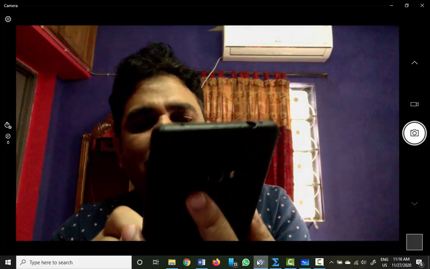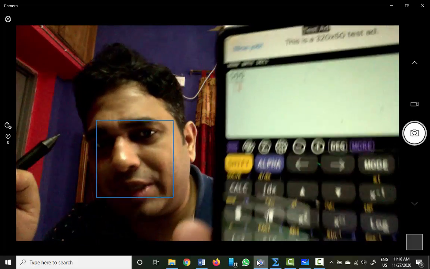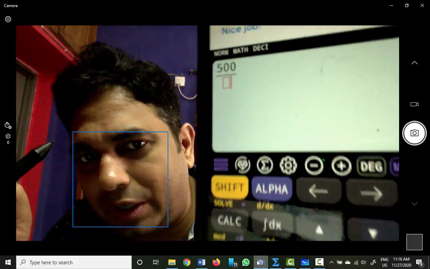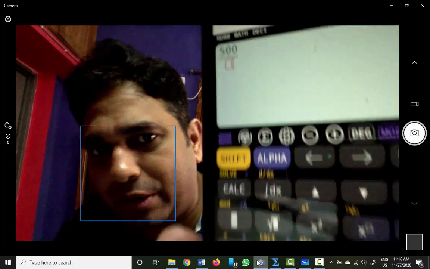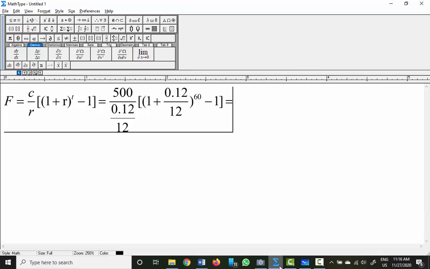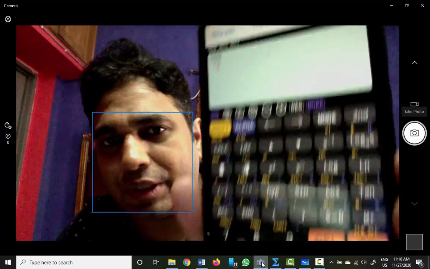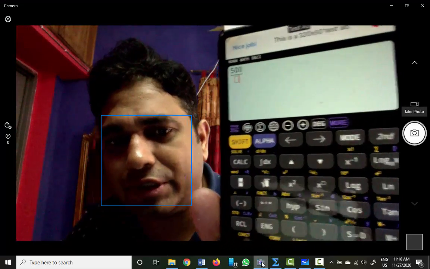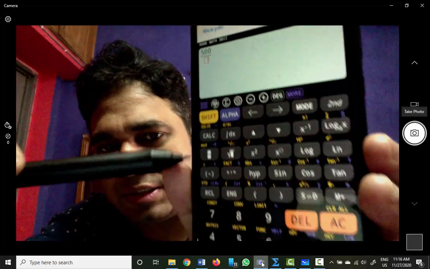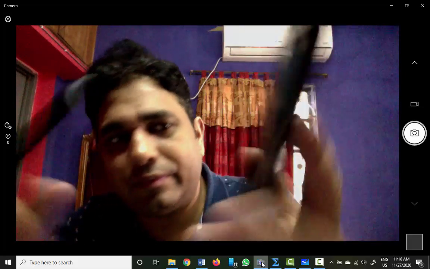Now the cursor is in the lower part of the fraction, but in the lower part I need to get another fraction. So I will press this fraction button again.